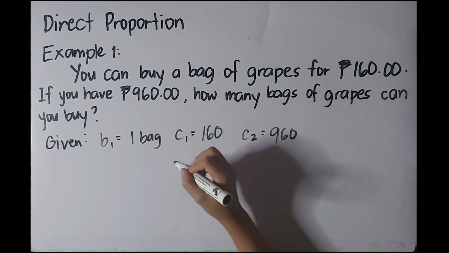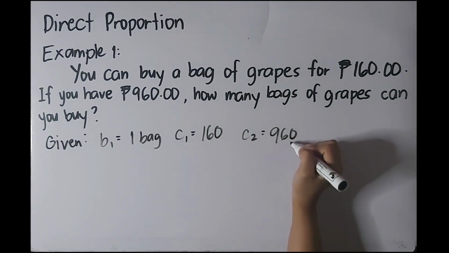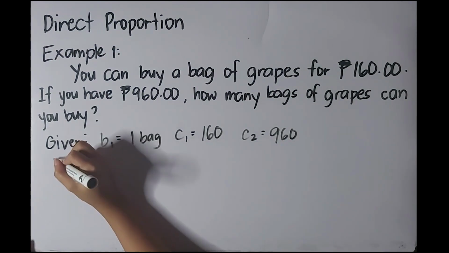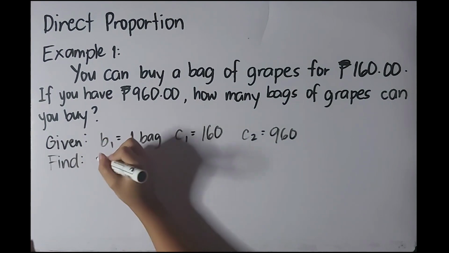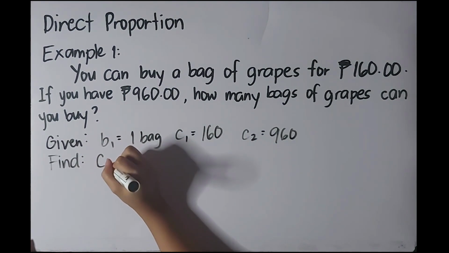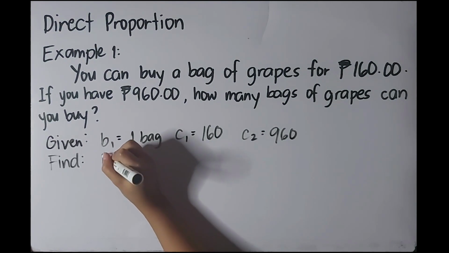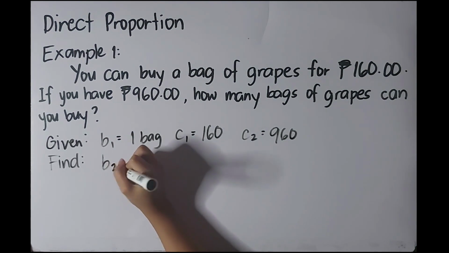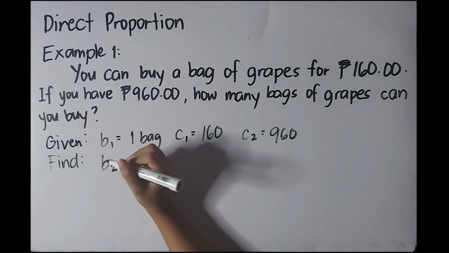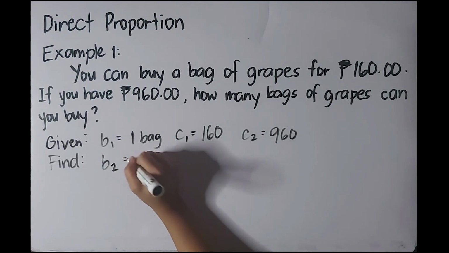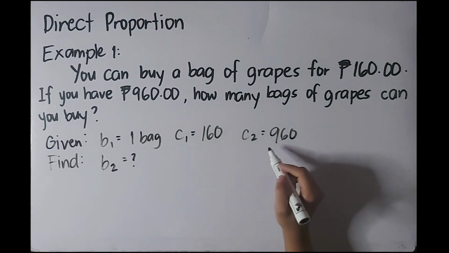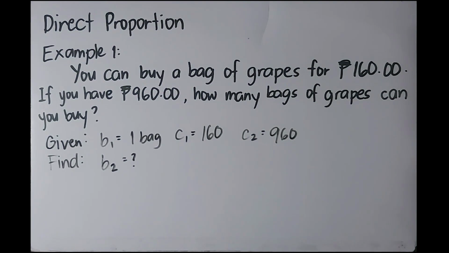I just didn't write the unit, but it's in pesos. So the required value, we are looking for the number of bags, or we can let it be B sub 2, the number of bags we can buy with 960 pesos.